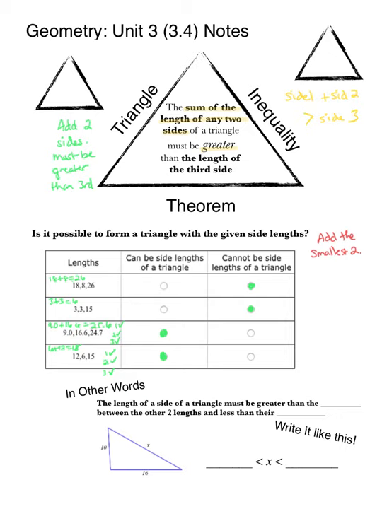It says the length, singular, of a side of a triangle, X, must be greater than the difference between the two lengths and less than their sum. Oh, sorry, we wrote it in a different order.